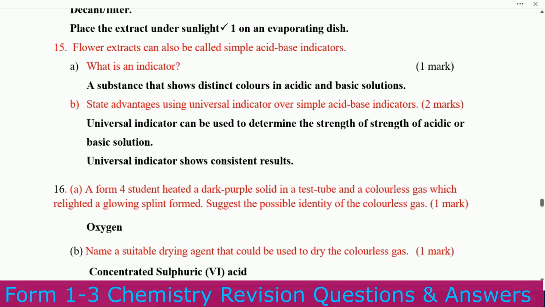Number 15B, state advantages of using universal indicator over simple acid base indicator. Universal indicator can be used to obtain the strength of an acid or basic solution. Universal indicator shows consistent results.